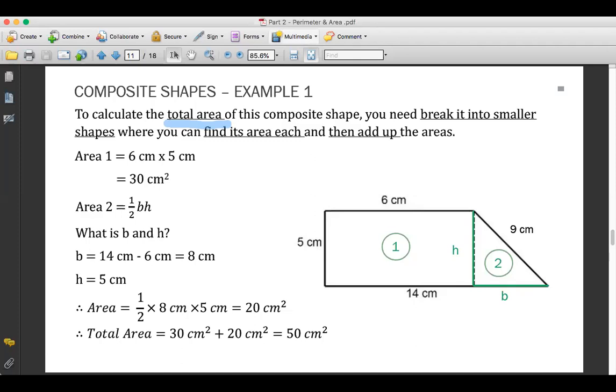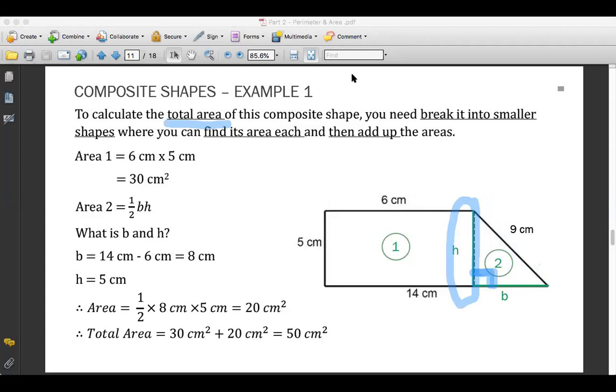Now remember what I said earlier about the height. You will not use 9 cm because this is not the 90-degree height. The 90-degree height is this one. So you will see this H and this base. How to find the base?